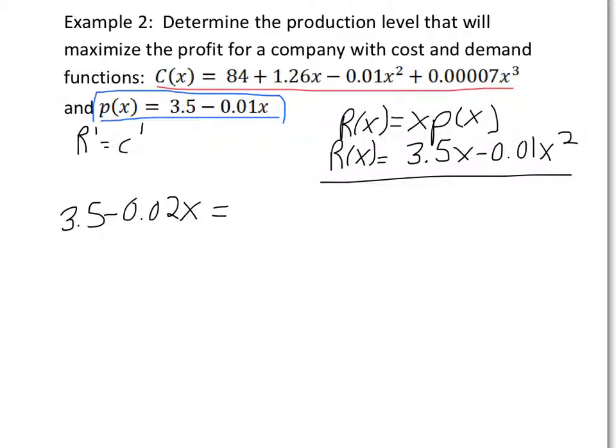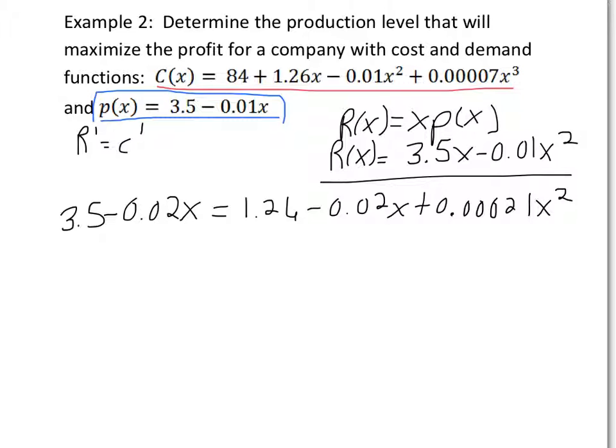I'm going to set that equal to the derivative of the cost function, which would be 1.26 minus 0.02x plus 0.00021x squared. And on one of our tests, a lot of people had an extra zero in here, but you have to realize that when you multiply that out, the place value stays the same. So really, instead of 7, it becomes 21, but its ending place value is still going to be in the same location.